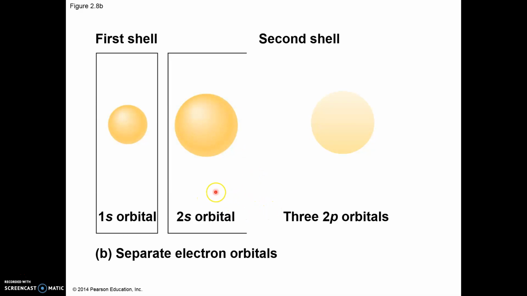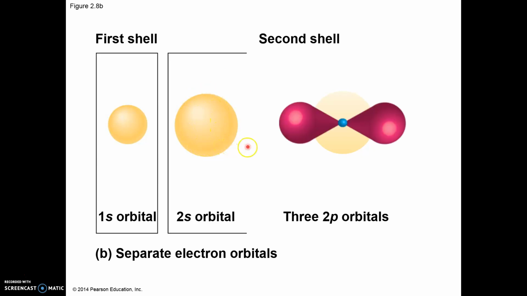Well, that's true, but only 2 in this s orbital. We fit all of the other ones in a slightly different space. So we're imagining here the electrons orbiting this nucleus. This is one way of orbiting. There's another way of orbiting, and that is using this shape here, this kind of double barbell infinity shape.